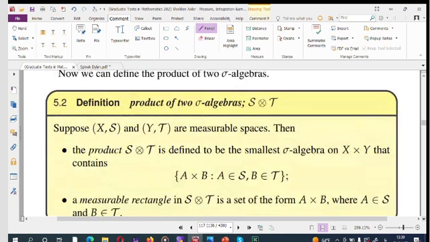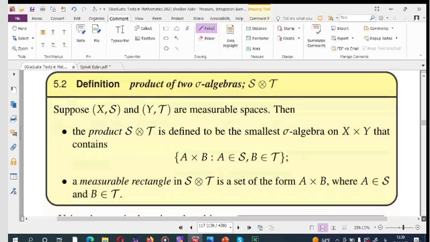Now we define the product of sigma algebras. The product of two sigma algebras is denoted by this. Suppose X with S and Y with T are measurable spaces, then the product S tensor T is defined to be the smallest sigma algebra on this product that contains these sets.